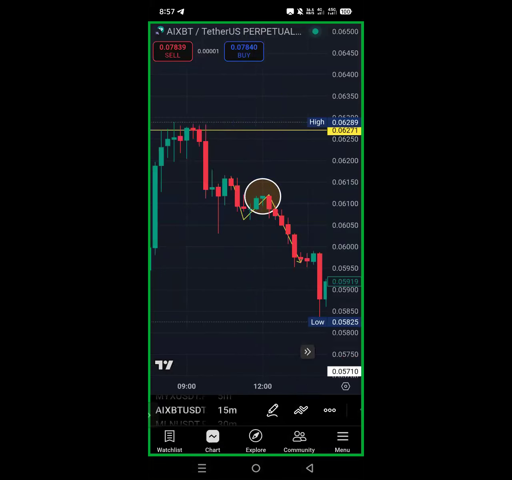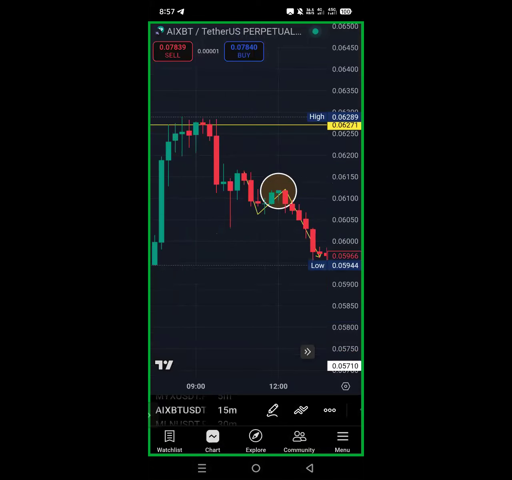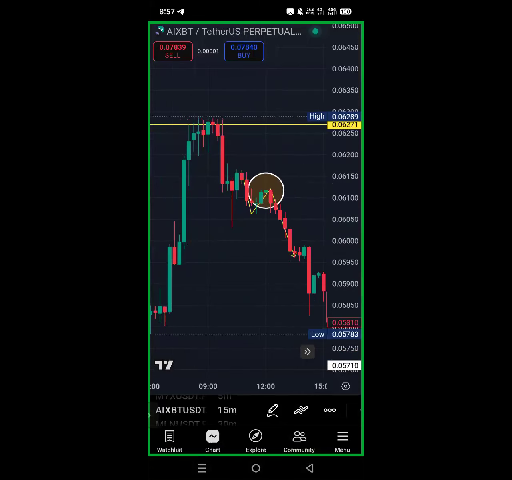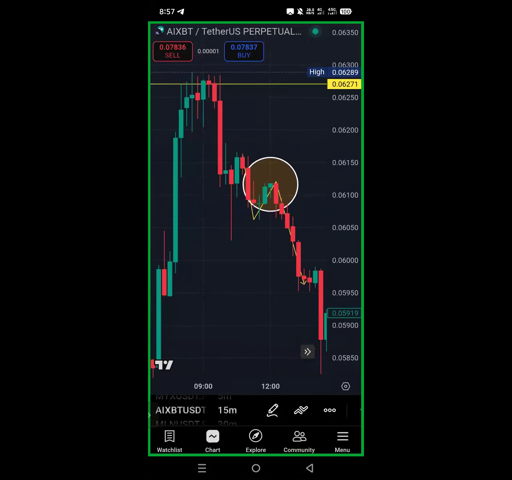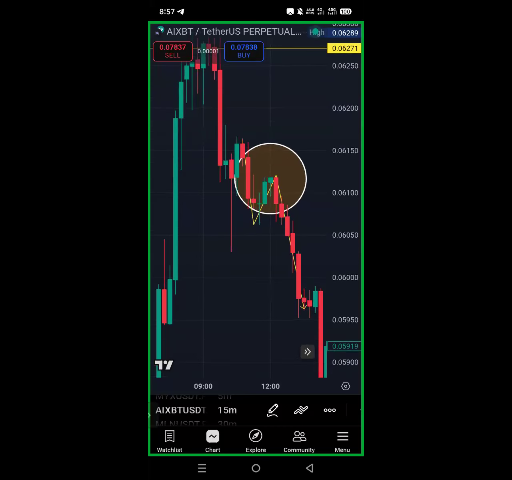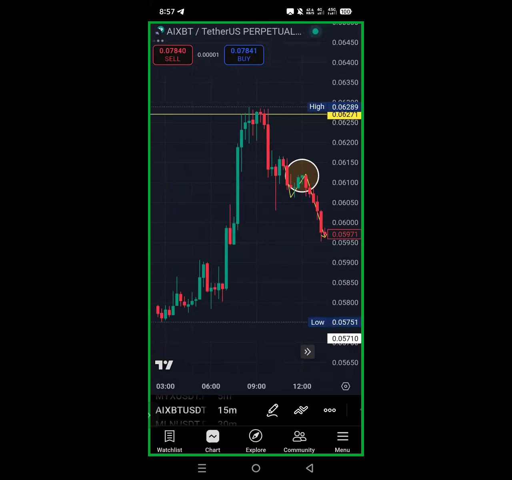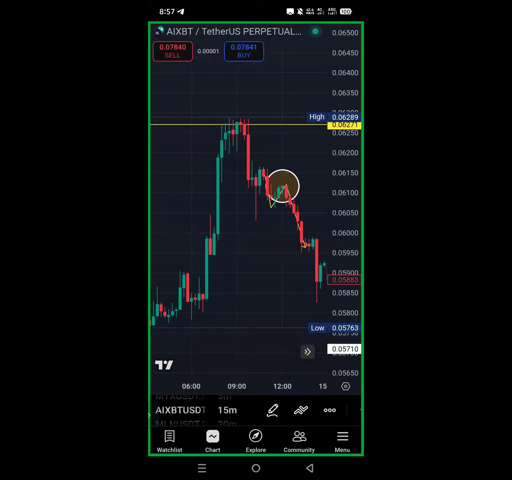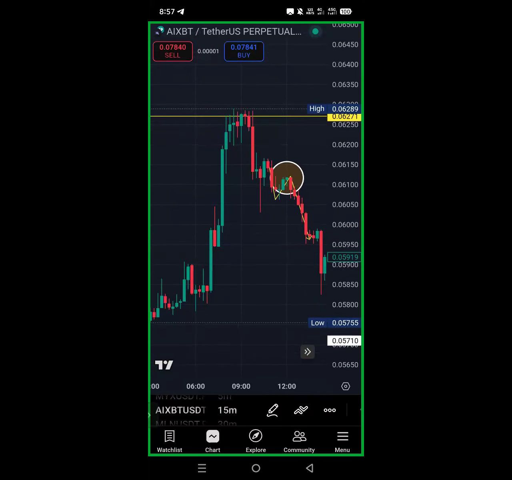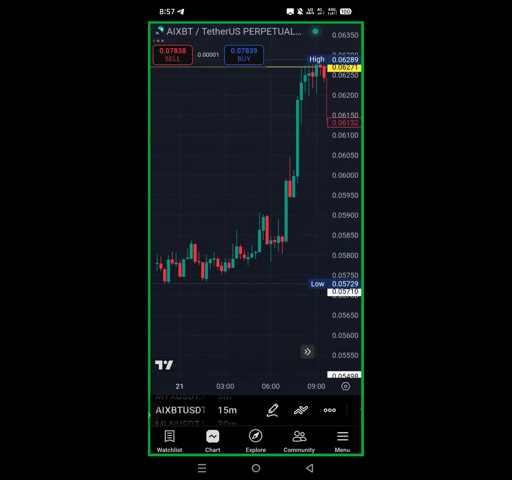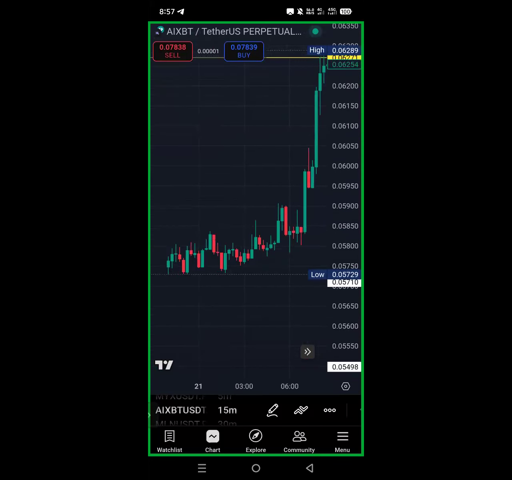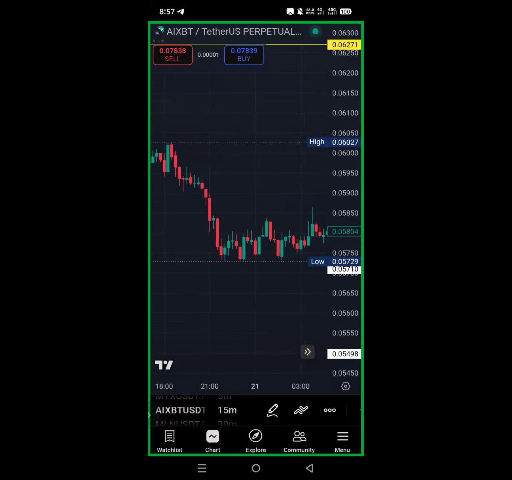See that scenario? See that? It seems to be a tweezer top. And it is a bearish reversal candlestick pattern, isn't it? That is formed in the course of any upward market price movement. Let me see. Can I find another?